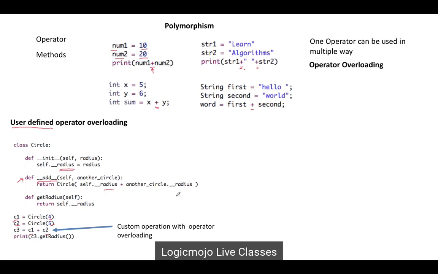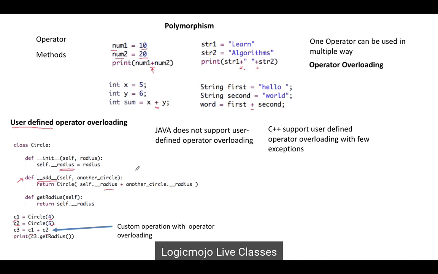Please note that this is custom operation with operator overloading, and in Java we don't have support for user defined operator overloading. In Python we can do custom operations with operator overloading, but Java doesn't support it. Similarly, C++ supports operator overloading. In fact, we can do user defined operator overloading in C++ as well, but there are a few exceptions.